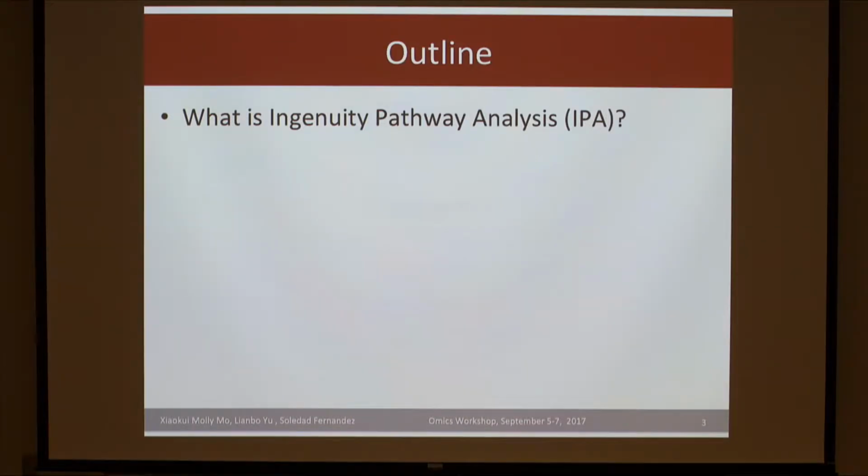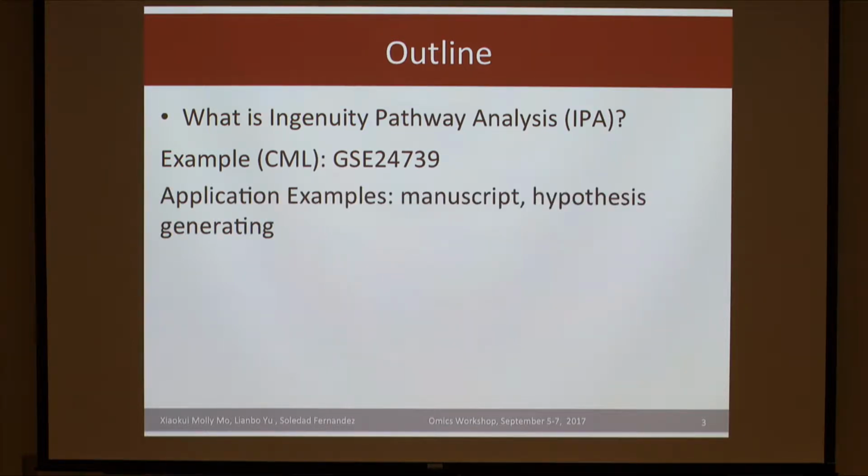Here's the outline of my lecture. First, I'm going to talk about what Ingenuity Pathway Analysis is. And I'll give you an example about chronic myeloid leukemia. The GSE number is the GEO accession number, so whenever you type the GEO number, the data will pop out.